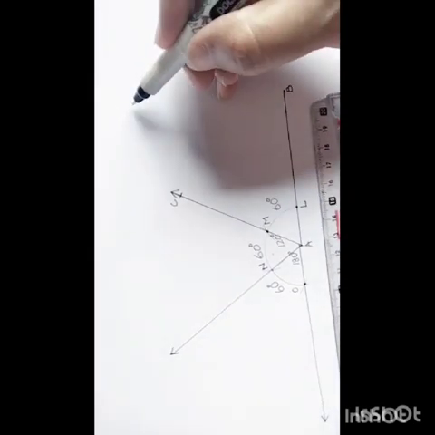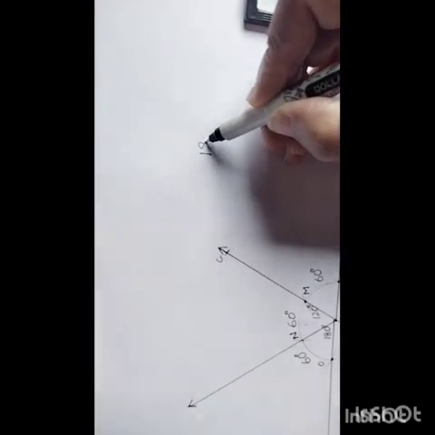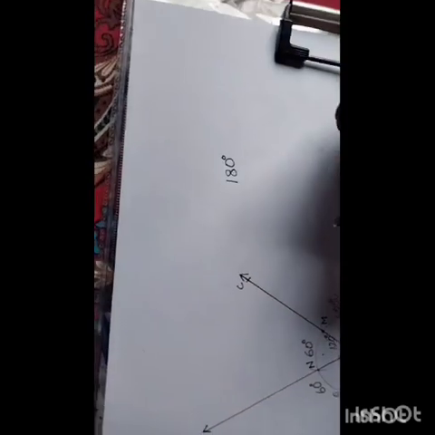We can say that a semicircle has a total of 180 degrees.